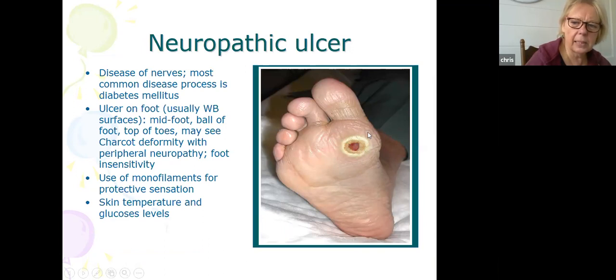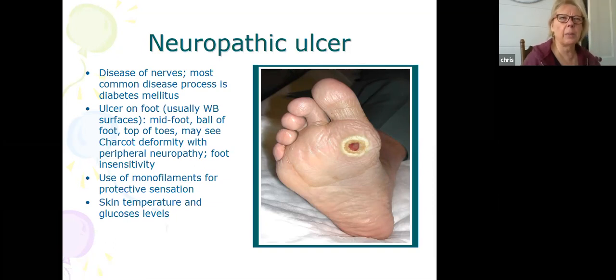And you'll usually see a callus around the neuropathic ulcer. Don't quote me on the percentage, but it used to be about 15 to 20 percent of diabetics will develop some kind of ulcer in their lifetime, and those people that do develop ulcers will require some kind of amputation.